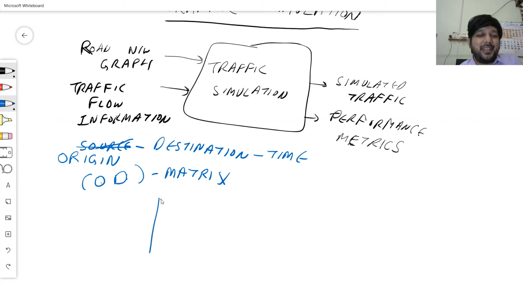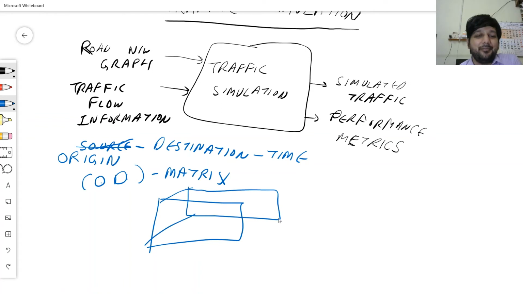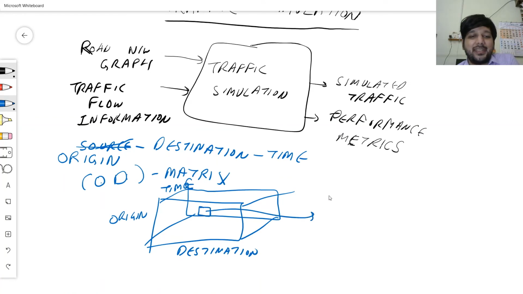So it'll look something like this, where the third dimension is, of course, time. So this is my origin, this is my destination, and this is my time. And this cell over here says from IIIT Allahabad, so from IIIT A to Civil Lines at 6 p.m. You know what happens, classes get over.